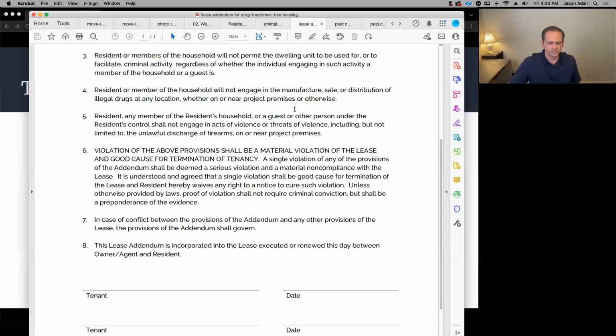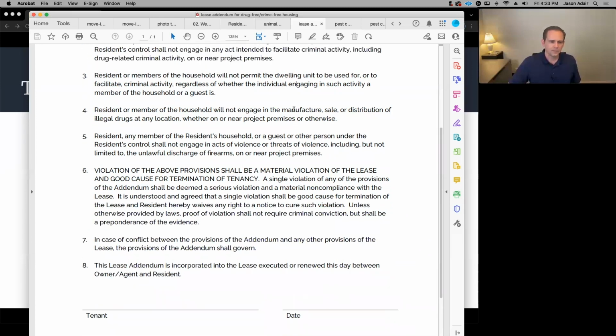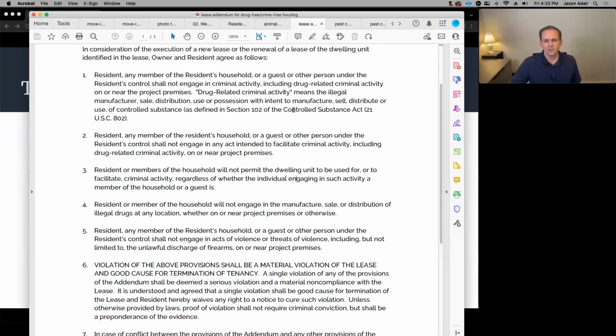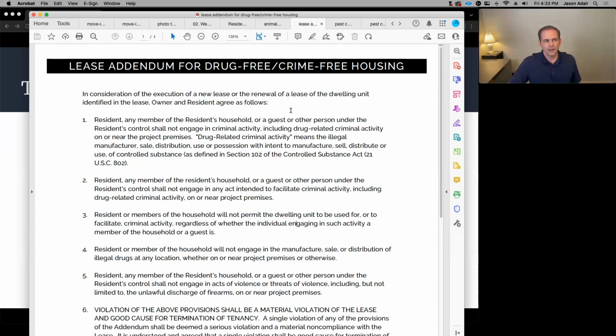Especially, let's just say something like, let's get extreme here and say that there's evidence of methamphetamine manufacturing, or somebody in the household gets arrested for distribution of methamphetamines. Something like that, somebody running a meth lab in your home.